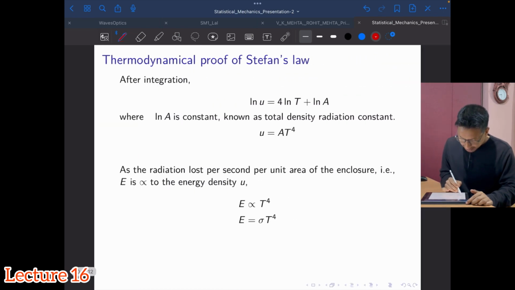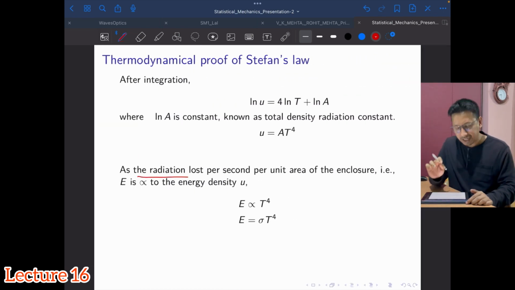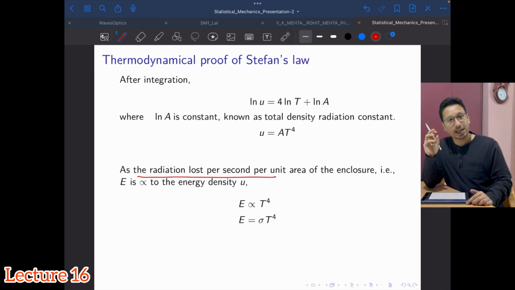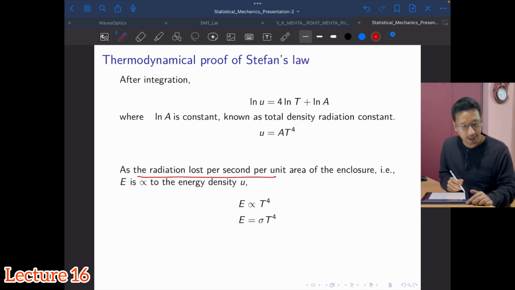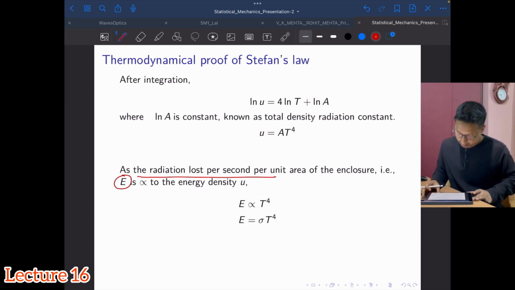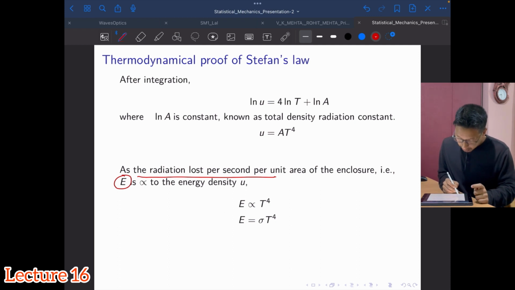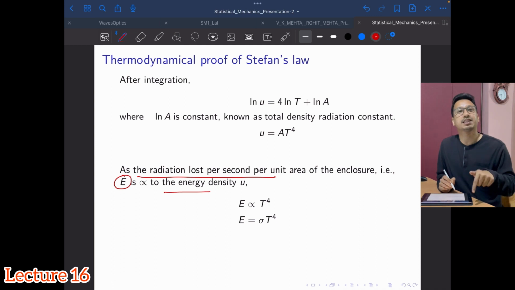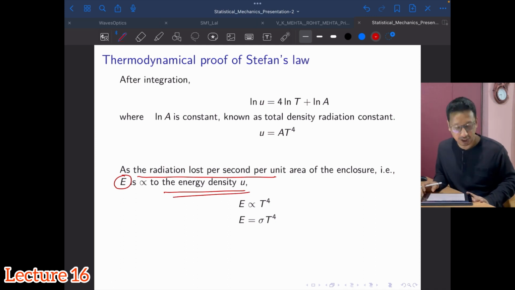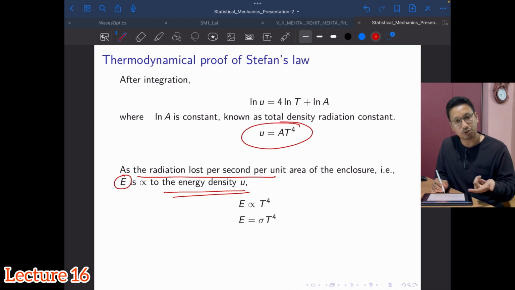So the radiation loss per second per unit area of the enclosure is E, which we denoted in the second slide of this lecture. E is proportional to the energy density present inside the temperature enclosure that we had taken. So from this expression, energy density is proportional to T to the power 4.